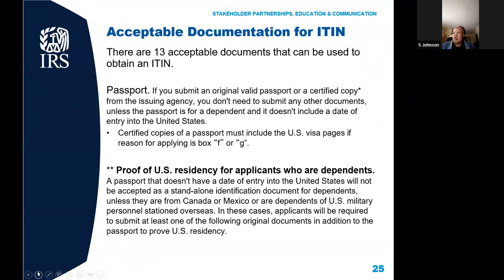This only is required if their passport does not have a date of entry and they're considered someone's dependent.